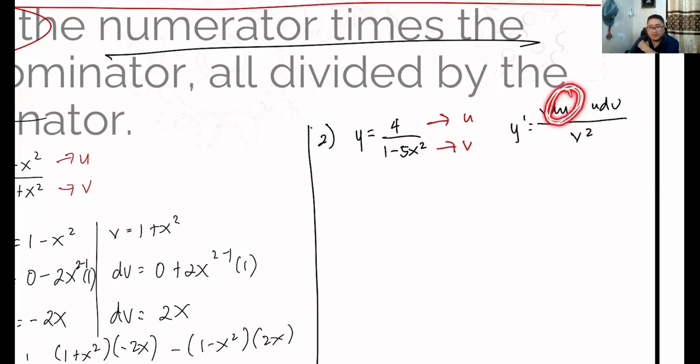So, ibig sabihin daw, pag numerator natin is constant, any number multiplied by 0 will be equals kay 0. So, if numerator is constant, yung formula daw ng derivative natin can be negative u dv over v squared na lang.